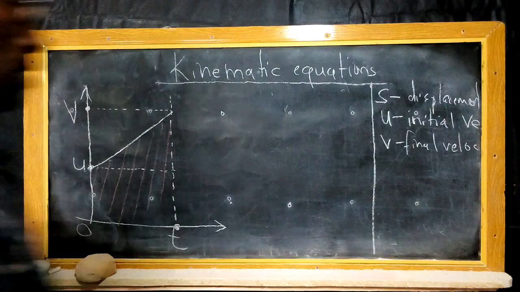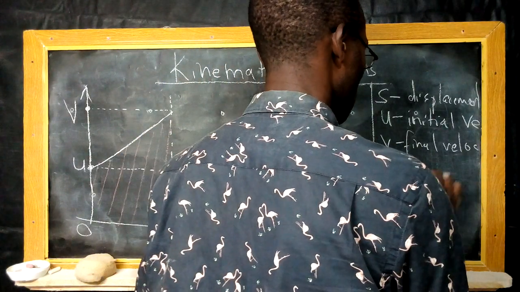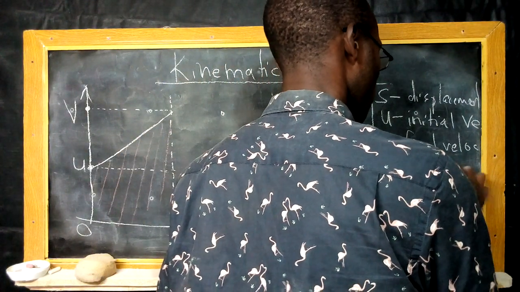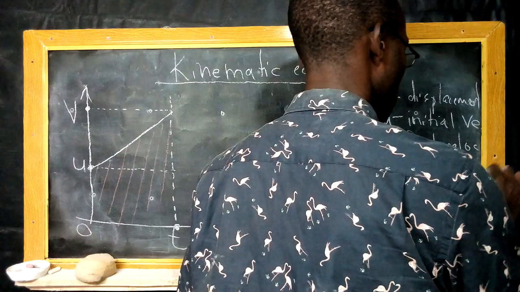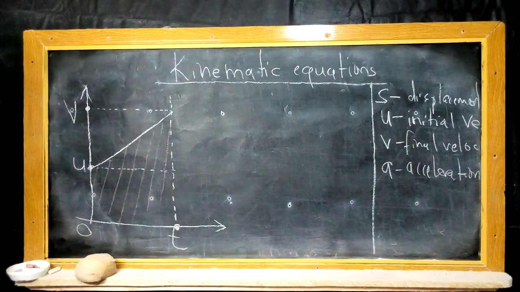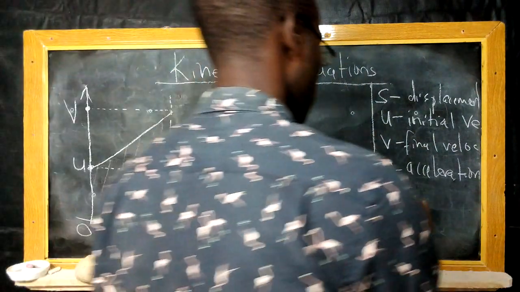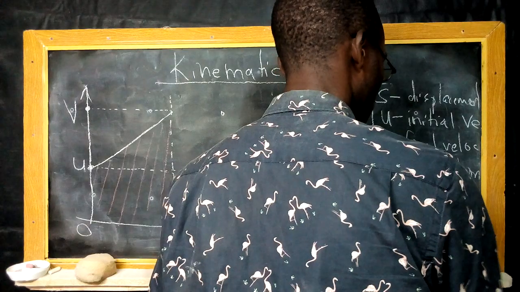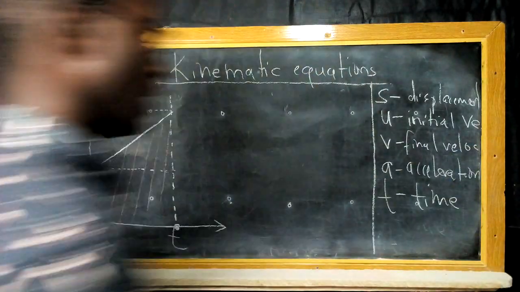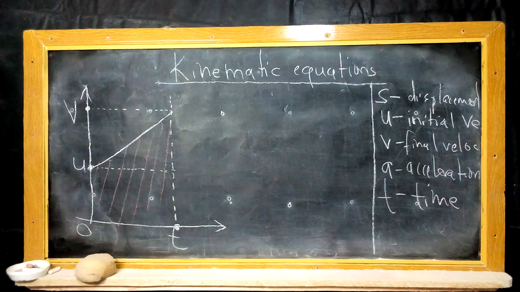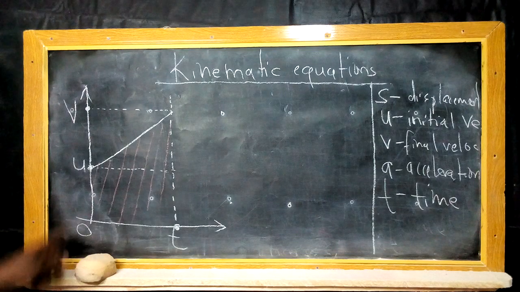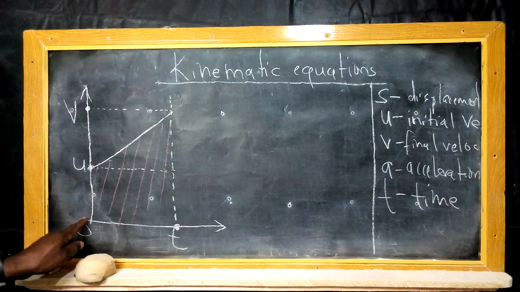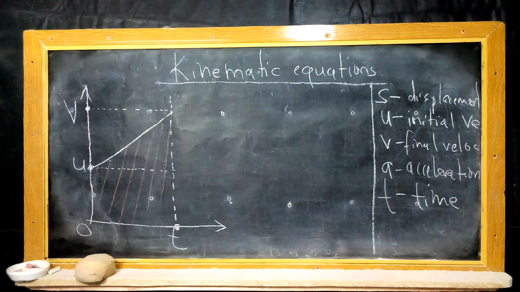And for A, we're going to use A to indicate acceleration, and T for time respectively. T is going to stand for time. So those are some of the initials that we're going to use to interpret this graph, bearing in mind that at this point O is the origin.